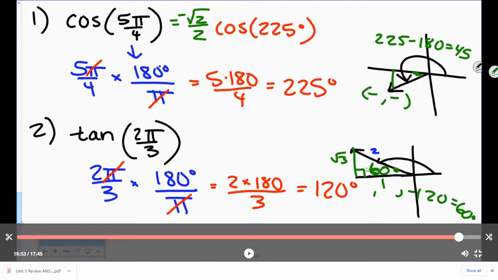All right, so then square root of 3 over 1 would be tangent for the opposite side over the adjacent side. So that means tangent of 2 pi over 3, I would use square root of 3 for my ratio. But since I'm in quadrant 2, that would mean my x is negative, my y is positive. And if tangent uses the y and the x value, that would make it a negative square root of 3 in my final answer. And that is it for our lesson today.